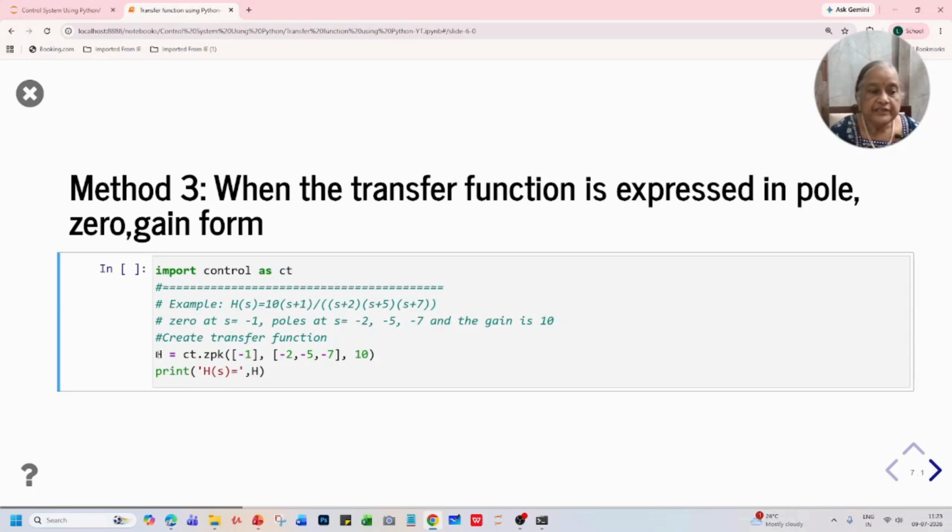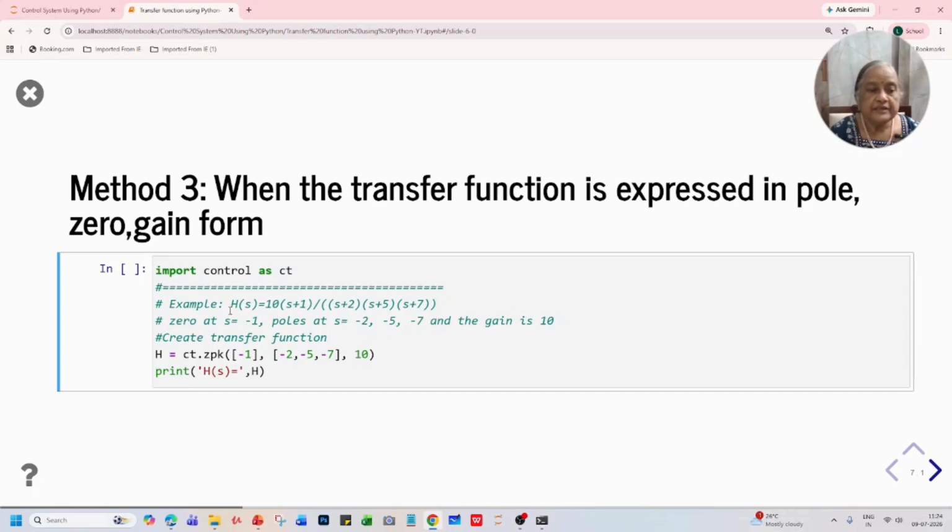We designate the transfer function by a name, say H here, and use ct.zpk. zpk represents the order: zeros, poles and k, that have to be passed to this. The zeros and poles are to be in the form of lists. So within the brackets of ct.zpk, we pass the list of zeros, the list of poles and the gain.